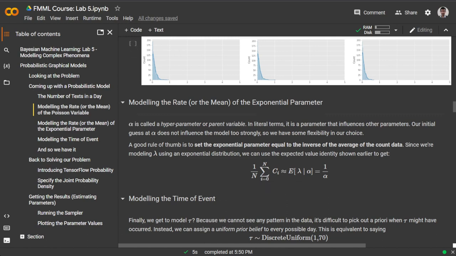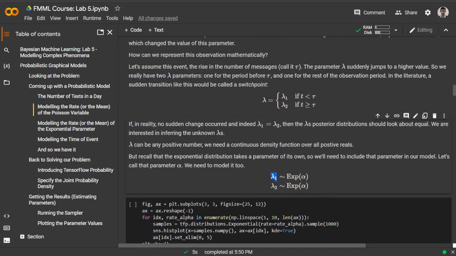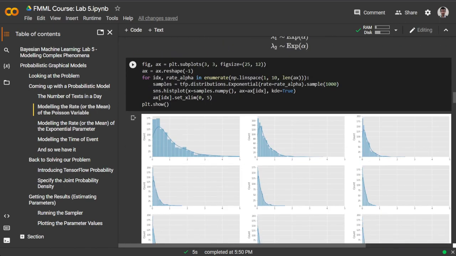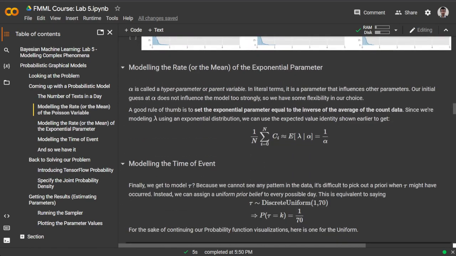When we were coming up with this model, variables like lambda have been expressed in terms of lambda 1 and lambda 2, which have in turn been expressed in terms of alpha. And similarly, we have some tau, which is the place at which lambda 1 switches into lambda 2. However, the parameter alpha cannot be further estimated as being dependent on some new parameter.